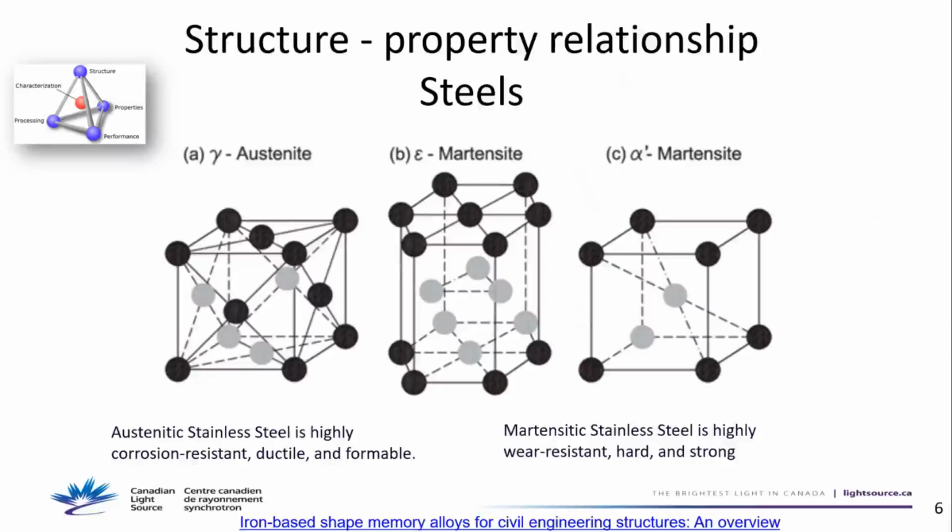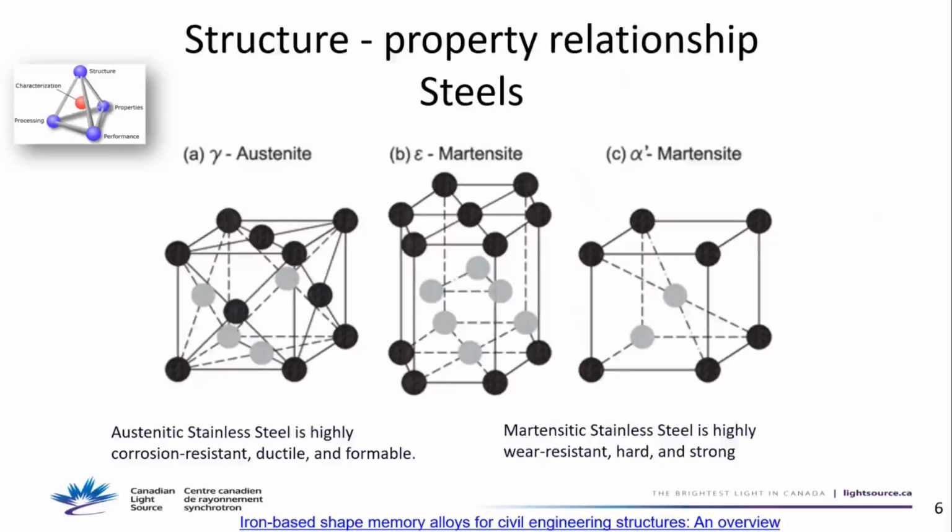And I talked about a tight relation between structure and property, and the steels are a stark example of that. We have different phases that we can find in steels: austenite, martensite, epsilon, or alpha. And they can have very similar compositions, but the structure is different, and so are their properties.